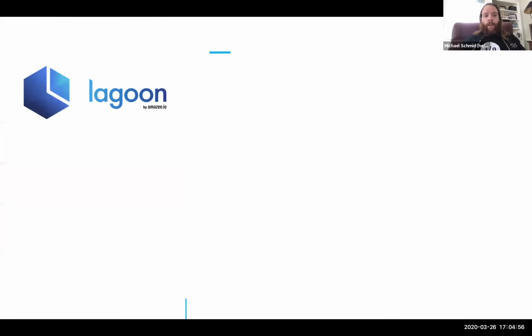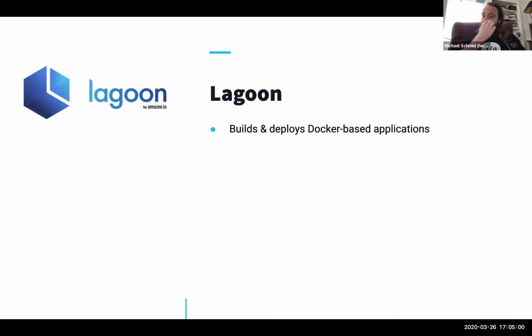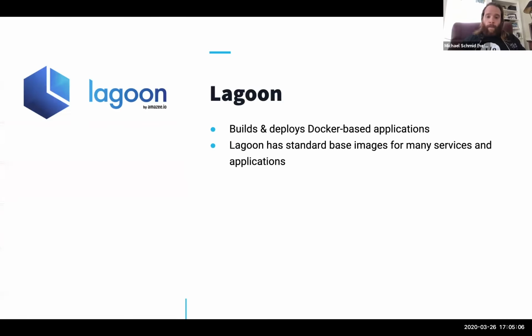But first of all, what is Lagoon? Lagoon, in one sentence, basically builds and deploys your Docker-based applications. That's what it tries to do. In order to do Docker-based deployments, you need Docker images. And so Lagoon and the Lagoon maintainer team create base images for many different services and applications.